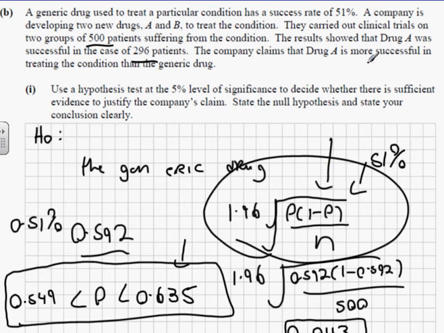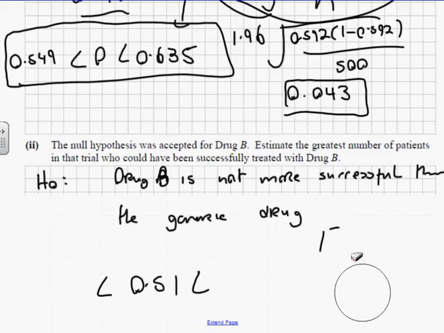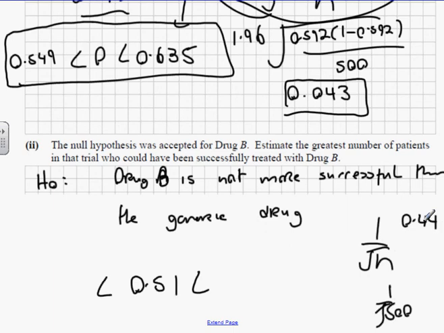There is no proportion for drug B, so finding an interval for drug B using a proportion can't happen, okay? So we can't use this 1.96 root p(1 minus p) over n. Therefore we're going to have to use 1 over the square root of n. We already determined that 1 over root 500 is 0.044, right?